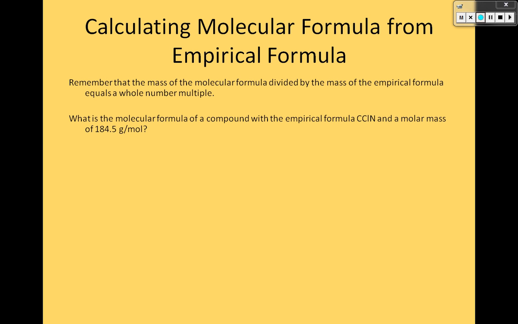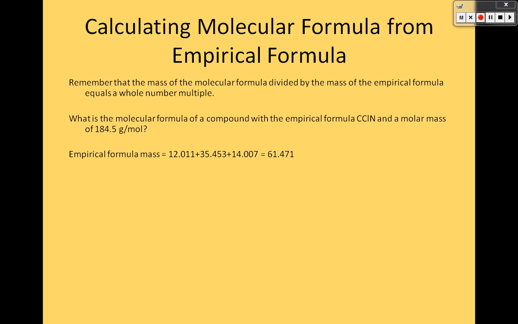Okay, so remembering that that whole number multiple is the molecular mass divided by the empirical mass, we have the molecular mass. We can calculate the empirical mass because that's 1 carbon, 1 chlorine, and 1 nitrogen, and then we can divide.